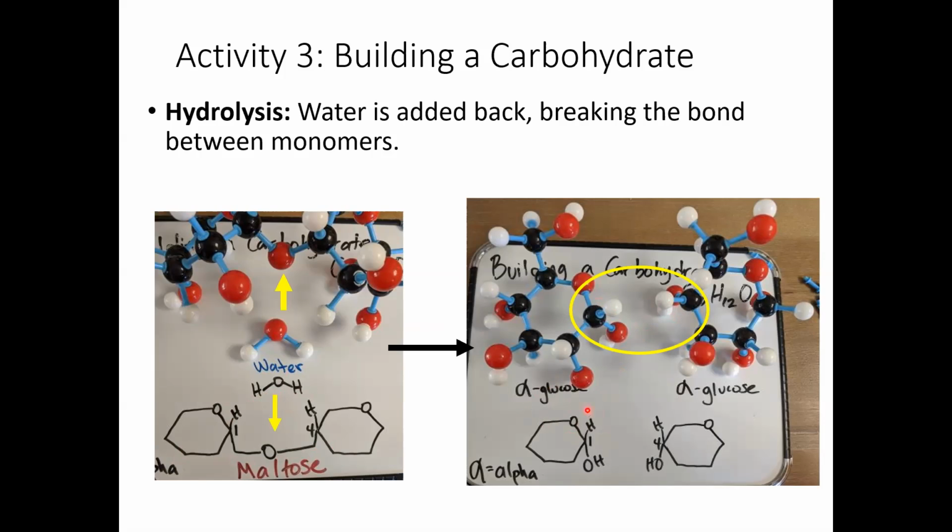So now we have 2 alpha glucose molecules formed. We have our 1 here and 1 here. So that's just showing how condensation and hydrolysis occur to either form a disaccharide or a polymer, or to break it apart into its smaller components.